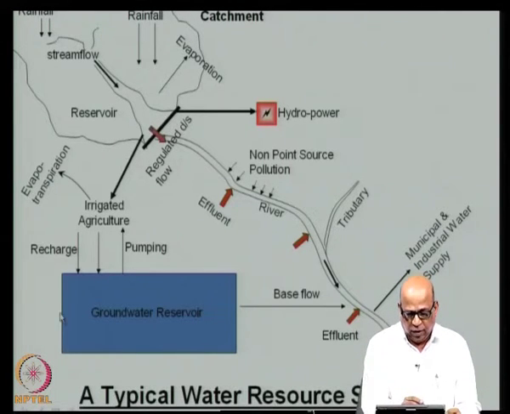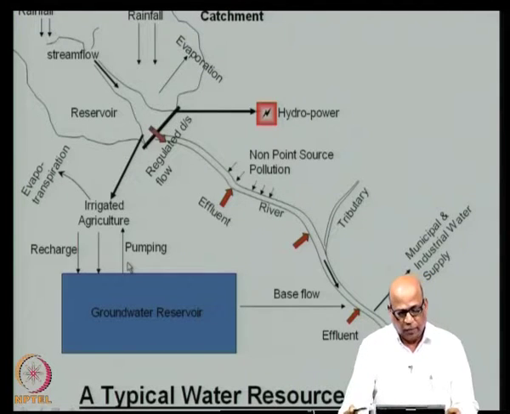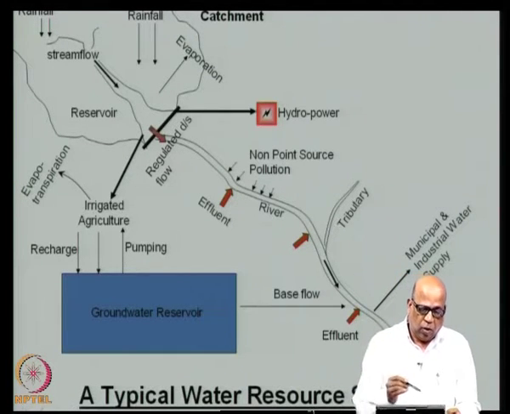So, you may have a flow that is taking place here, there is an outflow that may eventually join a stream here as base flow. There is a recharge that is taking place, there is a usage of the groundwater that is taking place, and so on. Now, at the irrigation point itself, you may have evapotranspiration taking place.